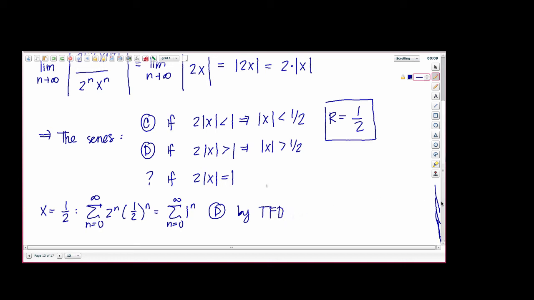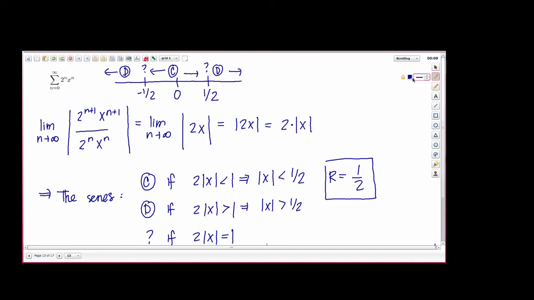So I'll go to my number line and say, okay, at x equals a half, I can cross out that question mark and put in a diverges. So at x is a half, we diverge.